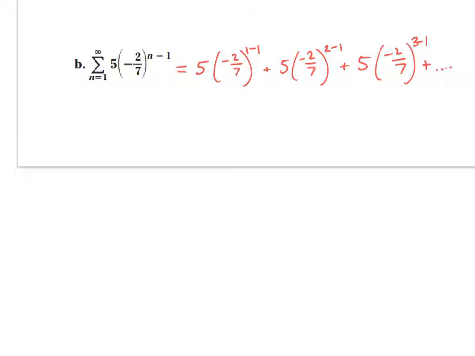Okay? So if I simplify that, anything to the 0 is 1, so I get 5, minus 10 over 7, plus 20 over 49, minus, oh, we didn't do another one.